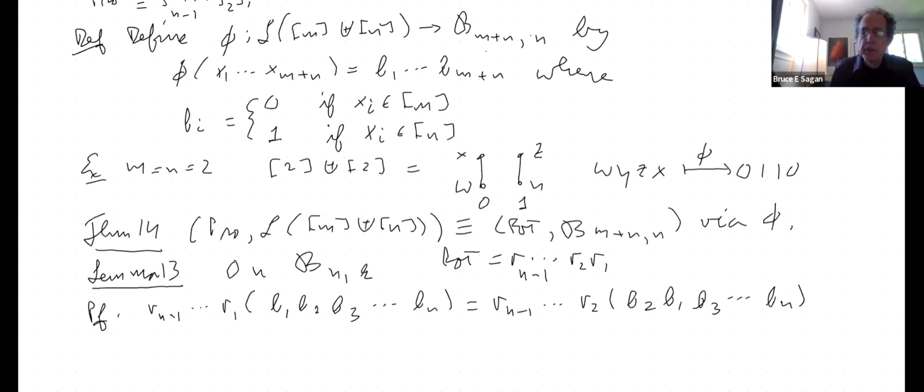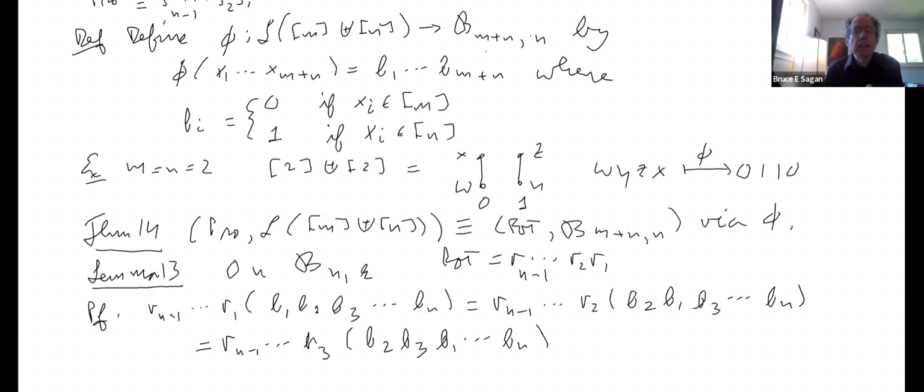So this is what's happening. B1 is just moving along, and all the other bits are staying in the same relative order. So after we've applied all of these, what am I going to get? B1 will have moved to the end.